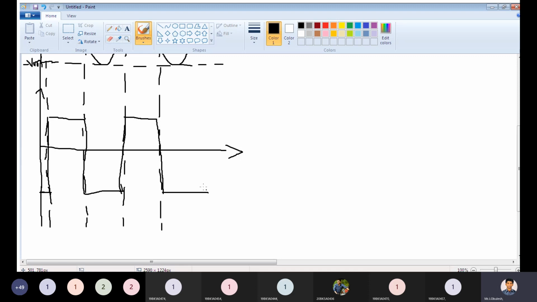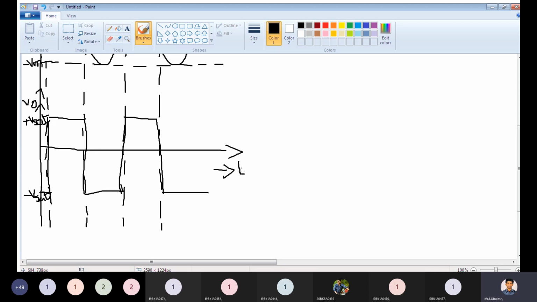So this is the minus V sat, and you need to take V naught.